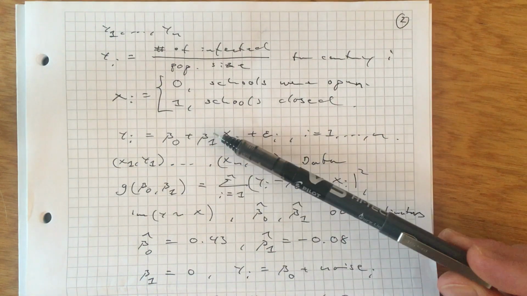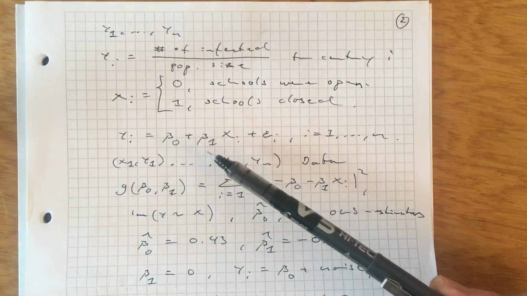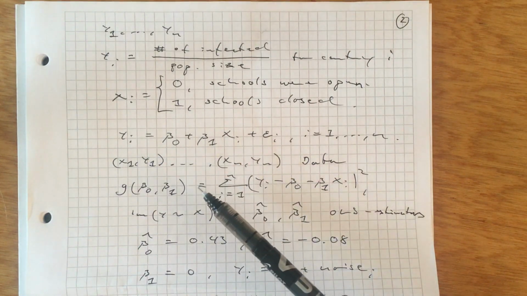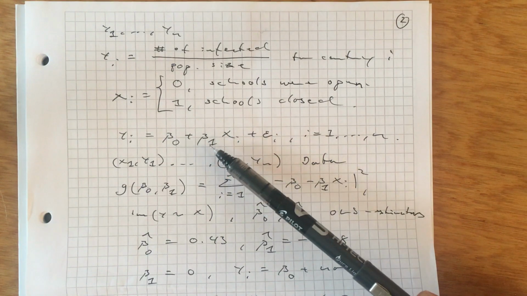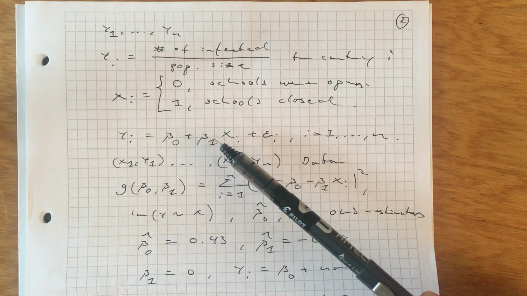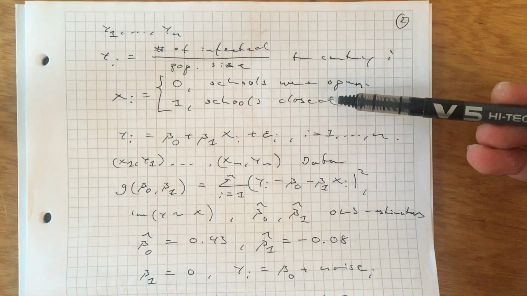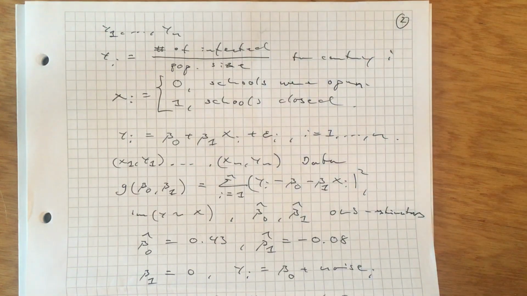And notice that in this model, the effect of X on Y is beta 1 for all the countries. So a premise of this model is that the effect of X is the same no matter what. There's only one effect. So with interaction terms, we would like to allow for the effect of closing schools to depend on other characteristics of the country in question.